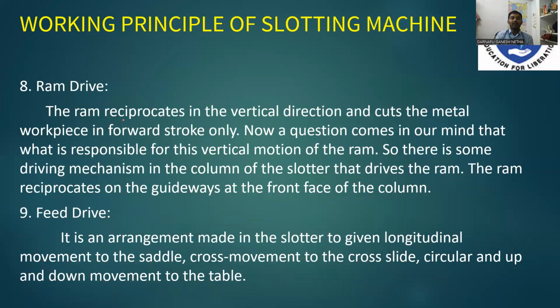The ram reciprocates in the vertical direction and cuts the metal workpiece in the forward direction, the forward stroke only. The question comes to our mind: what is responsible for the vertical motion of the ram? There is a driving mechanism in the column that drives the ram, reciprocating on the guideways at the front face of the column.